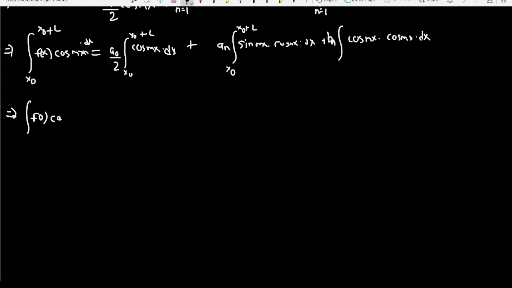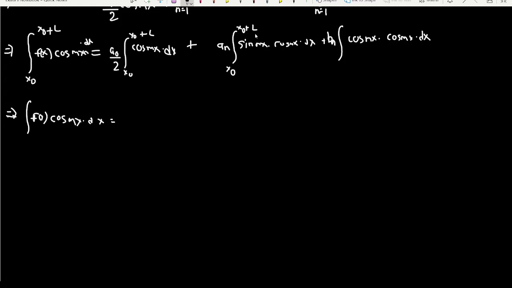So the integral of f of x cos mx with respect to dx equals, as I told you in my previous lecture, the integration of sine nx and cos nx from x naught to x naught plus L is equal to 0, because sine and cos have no relation.